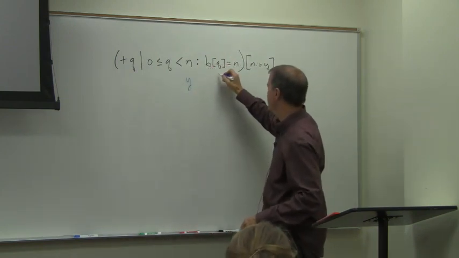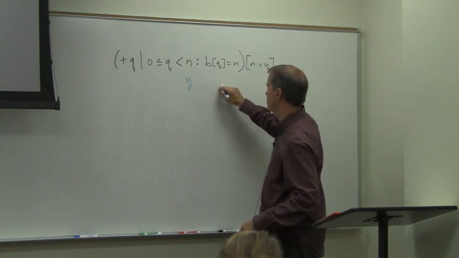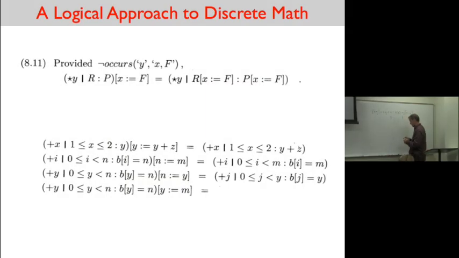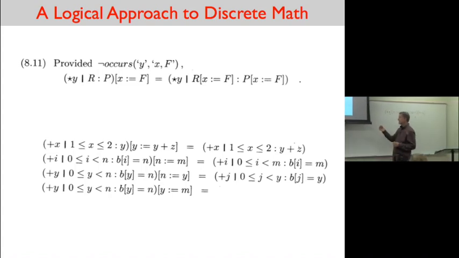B sub Q equals Y. Yeah, so that's what that will be. So let's see if we got that one right. Now, of course, they probably picked a different letter. Picked J. But are you with me?